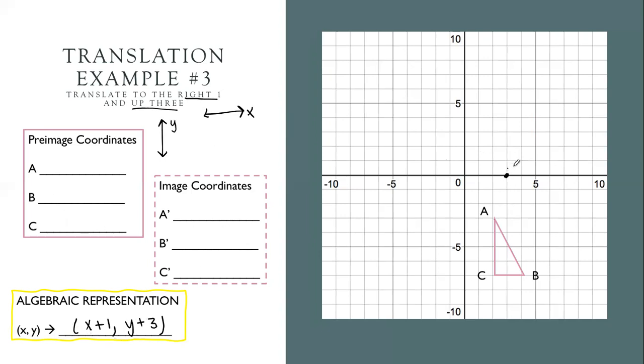So here's my A prime. B is to the right one, up 3. B prime. C is to the right one, up 3. C prime.